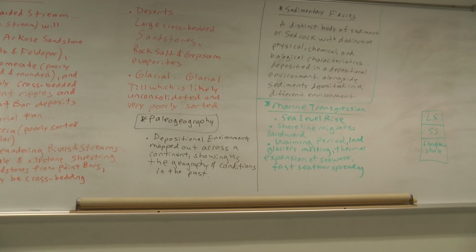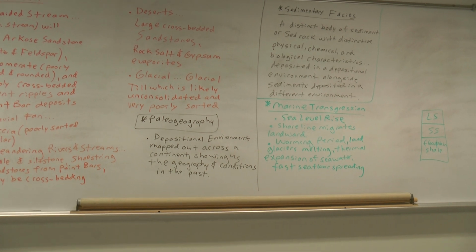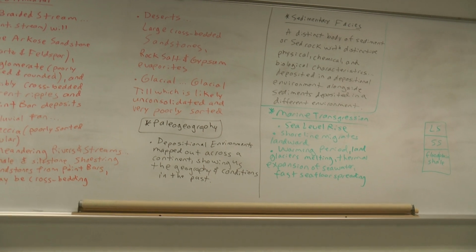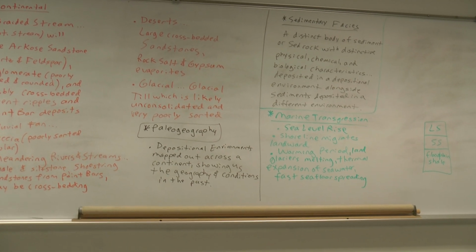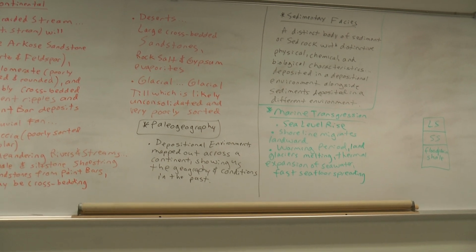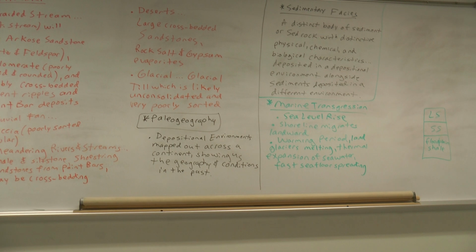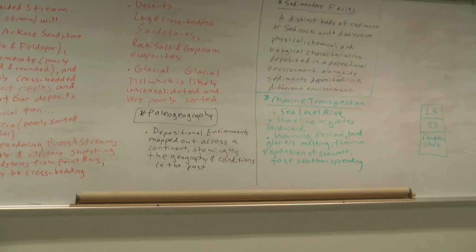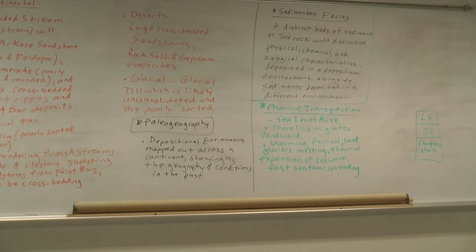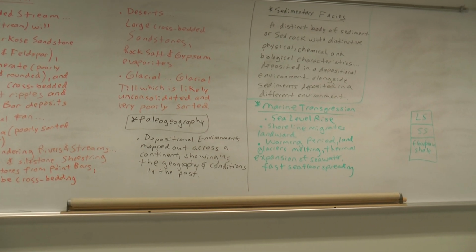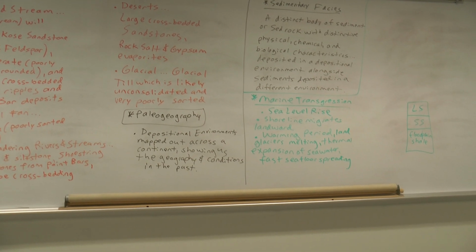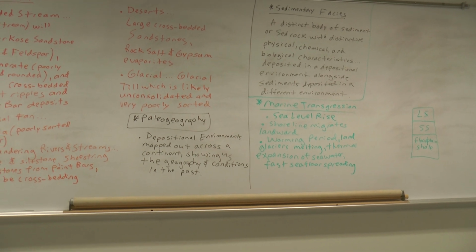In the PowerPoints for various chapters, not just in chapter 6, but I think some other chapters later on, what you can do is if enough people have studied a continent or parts of a continent, you can make these larger maps where you're mapping out the material, the sediments and rock that show you what kind of depositional environment you had in the past. That basically can give you an idea of the geography and climate conditions of that continent in the past.